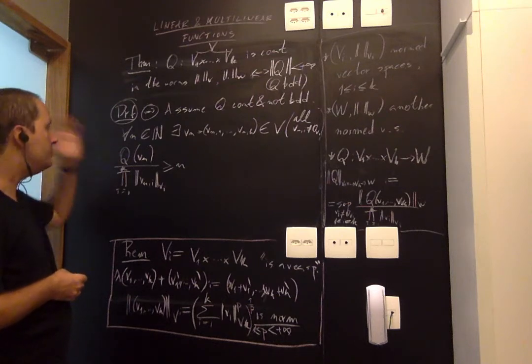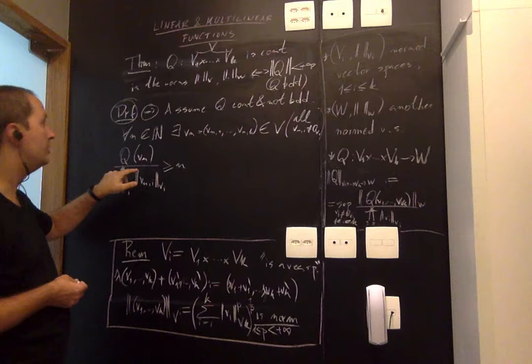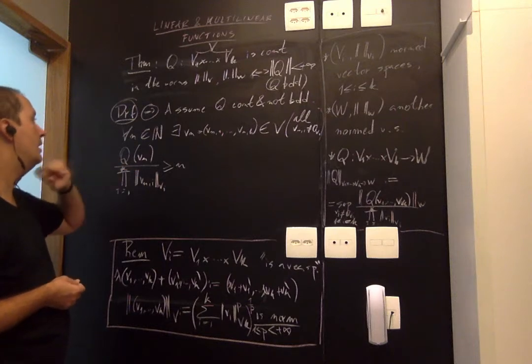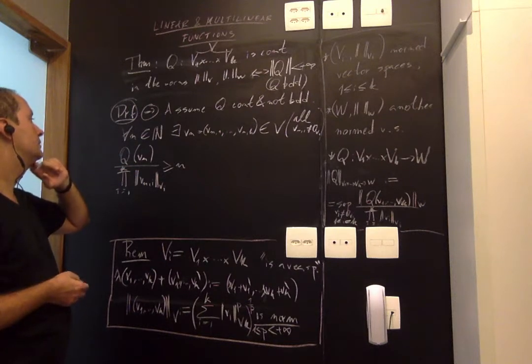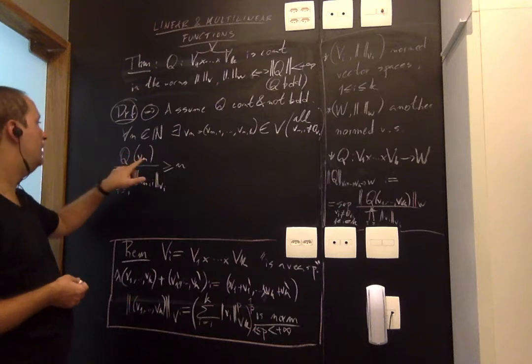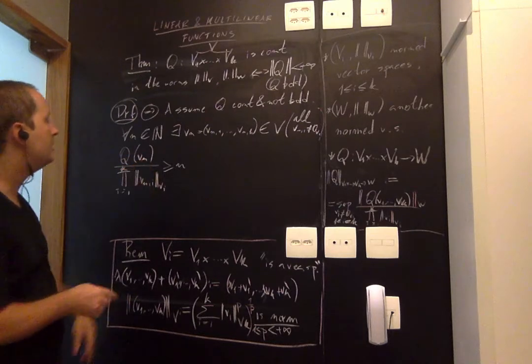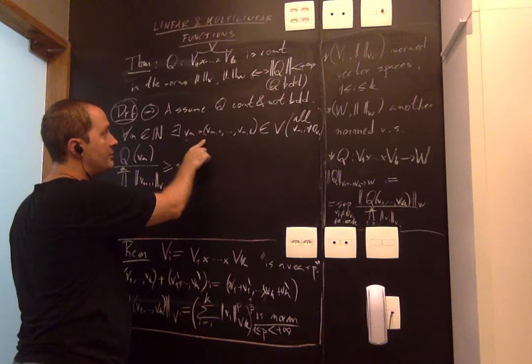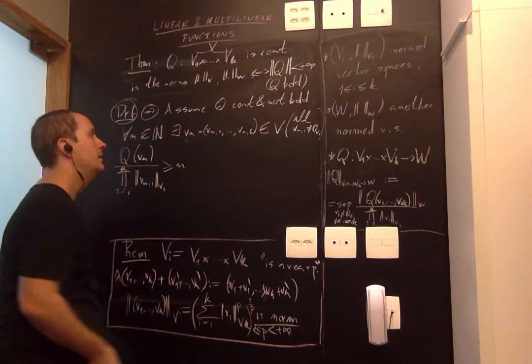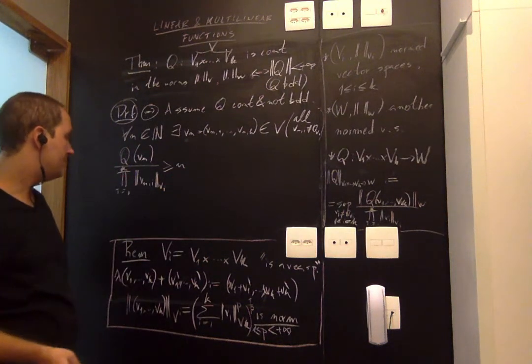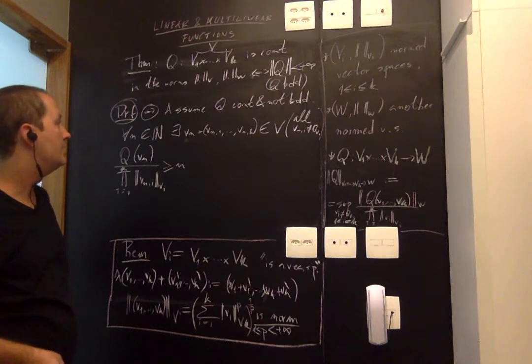As before, we're going to use this to give a contradiction, right? And what is the contradiction like? Well, we're going to divide V sub n by something.